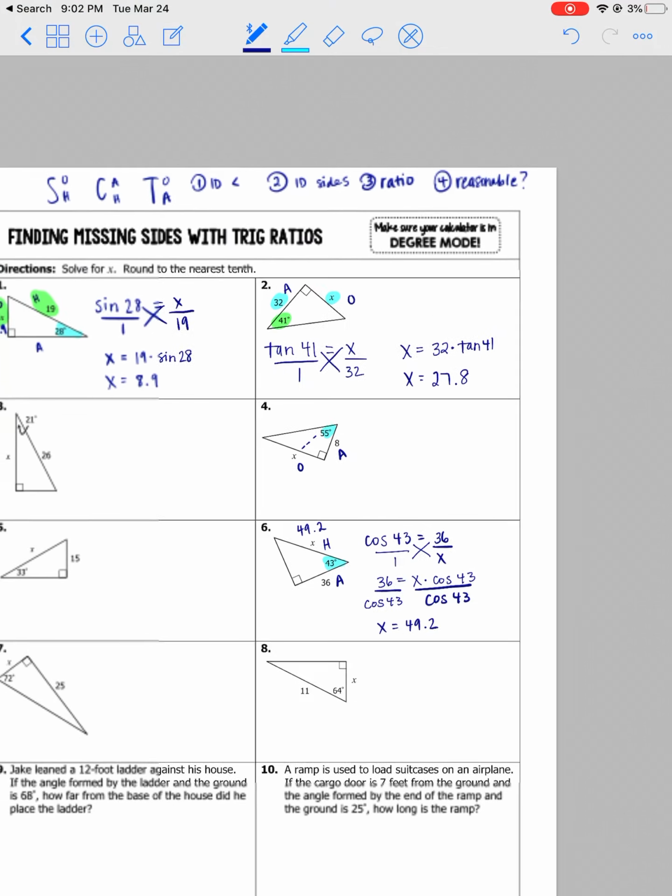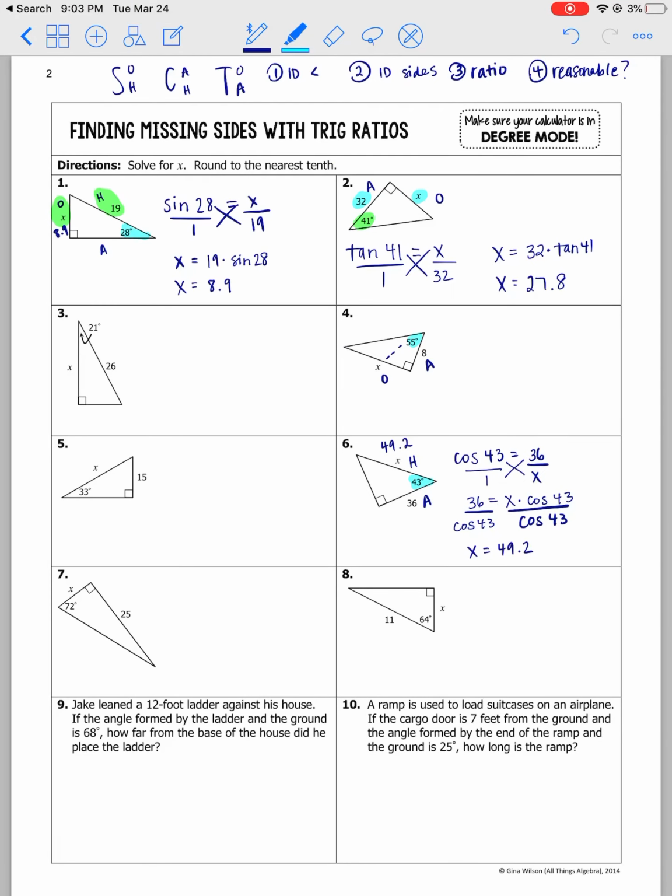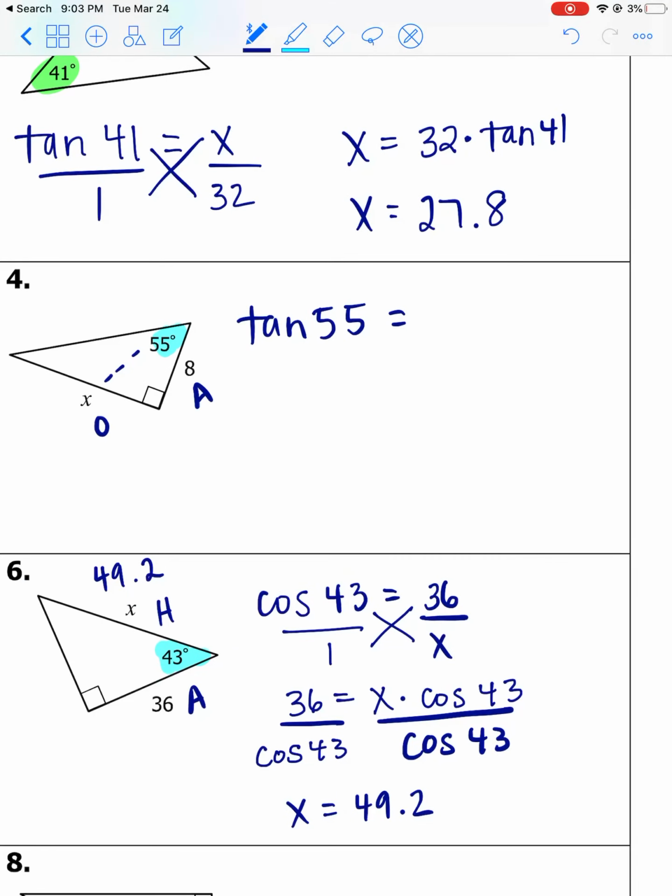So then when we look to our ratios up here, the only ratio that deals with opposite and adjacent is tangent. So it's going to be tangent of 55, because remember, it's always going to be tangent of the angle or sine of the angle or cosine of the angle, never of a side. It's the ratio of the angle equals two sides in relation to each other, a fraction of two sides.